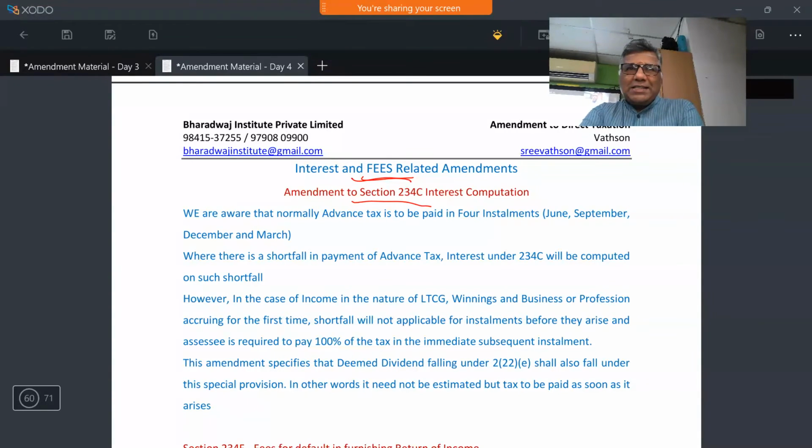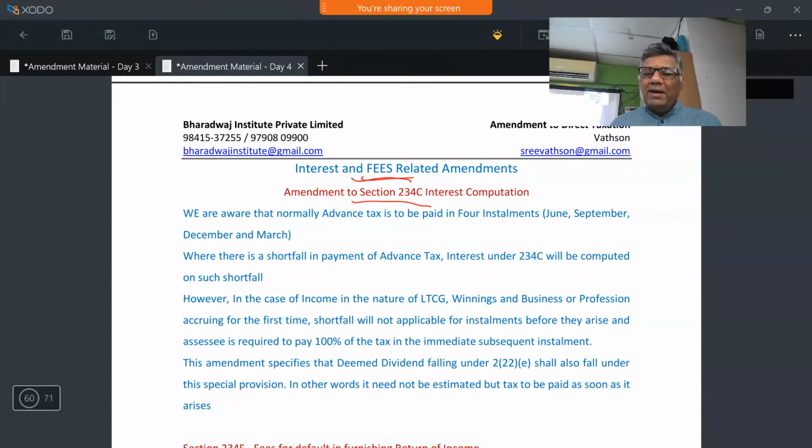Some income you cannot estimate. Can you tell at the beginning of the year itself, this year I will win a lottery of 5 lakhs? This year my LTCG will be so much? You cannot.